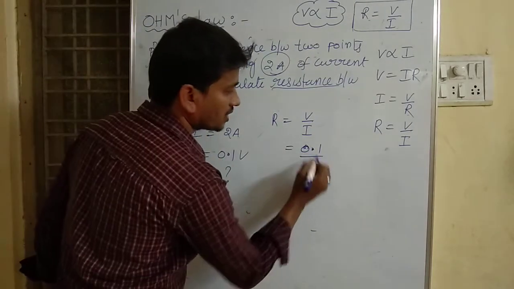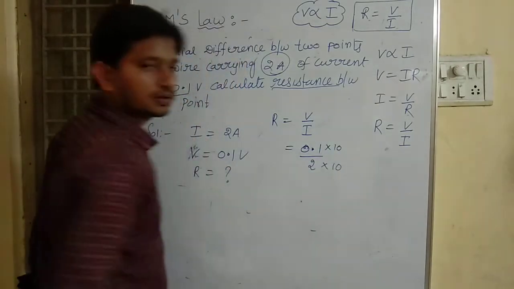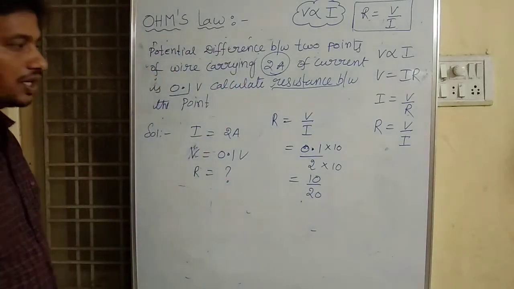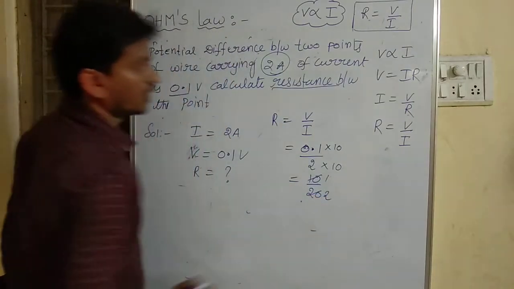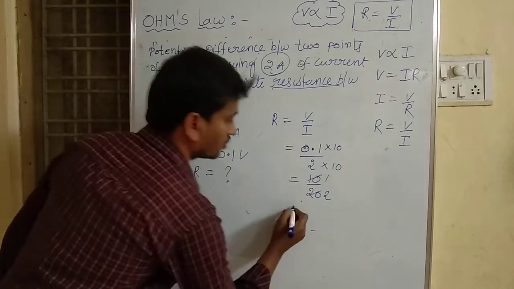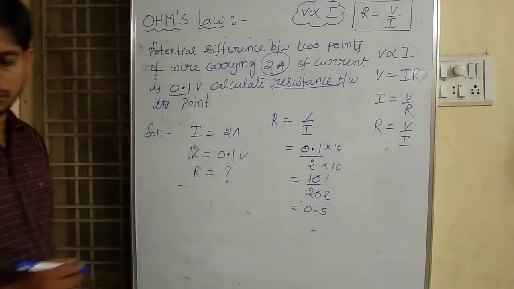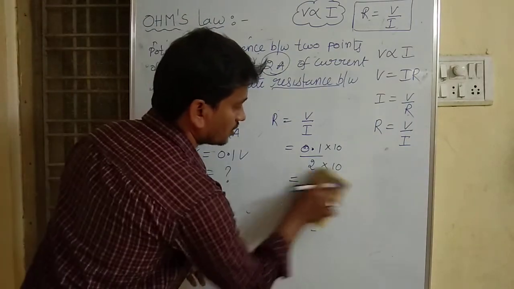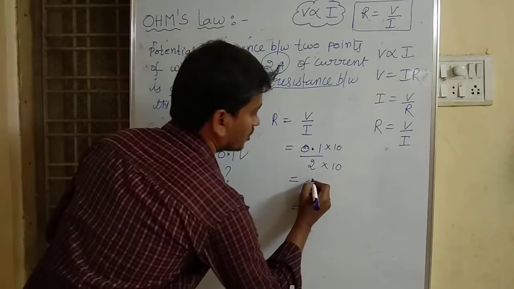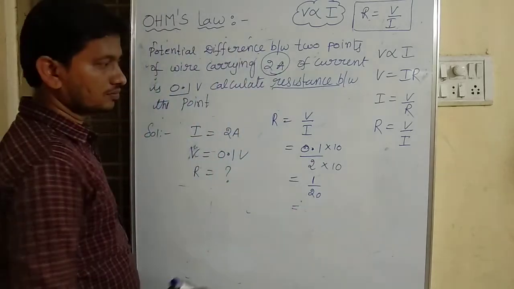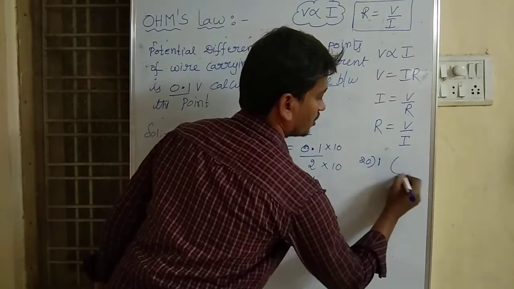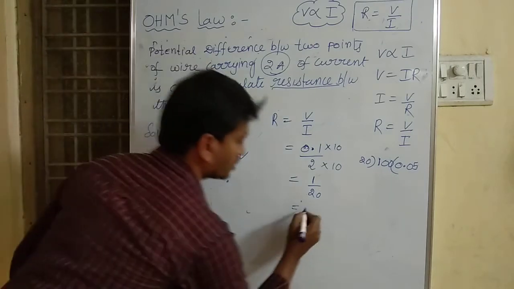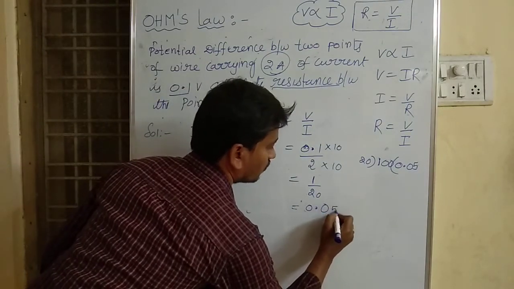After the decimal point we have one digit, so multiply by 10 in numerator and denominator. 0.1 into 10 is 1, and 2 into 10 is 20. So 1 divided by 20 is 0.05.